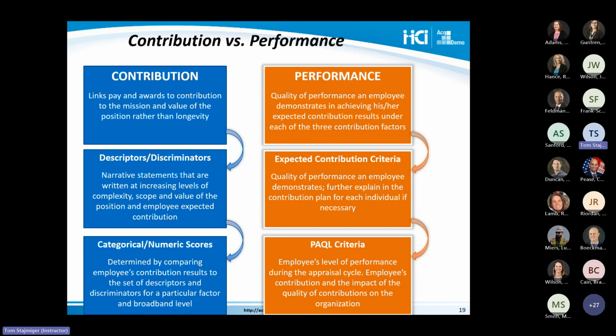Employees know the 135 thing, and they sometimes get fixated on that. Again, AcqDemo doesn't really care about that score unless there's a reduction in force. Then it's very important. Otherwise, we're really focused on the categorical and numerical scores. That leads us to our pay pool payout award opportunities. So we're adjudicating both, unfortunately, in different ways.